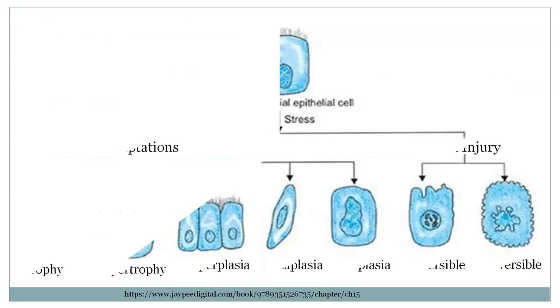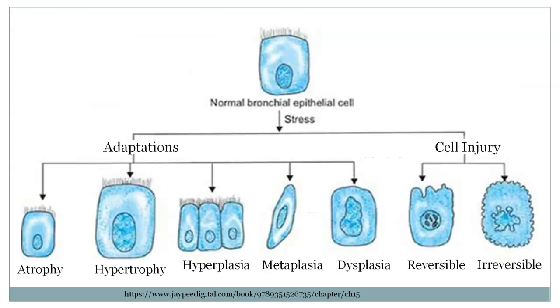Now here we see exactly what happens, or which different changes can occur. So here is the normal bronchial epithelial cell. When there is a stress, it will show different changes. When there is a stress, then in order to survive and maintain the normal steady state, the cells adjust themselves to the changing environment.